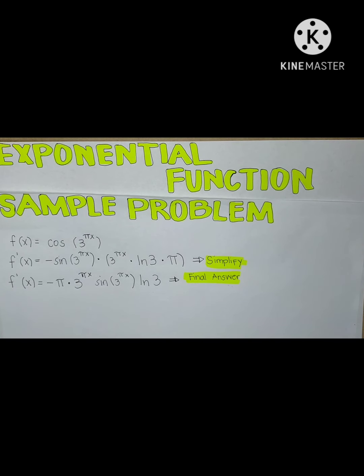So now we will rewrite 3 raised to the power of pi x times the natural logarithm of 3 times the derivative of the exponent, which is pi x, which is only pi.